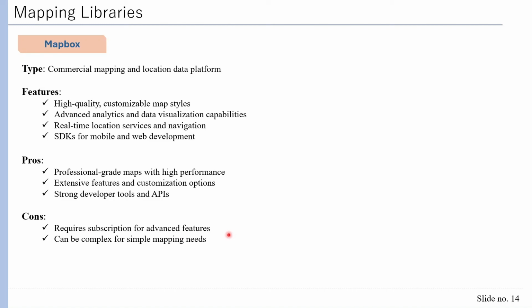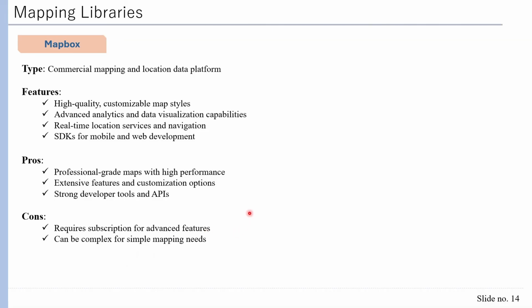There is a free tier for Mapbox, but you have to register with your credit card, and up to a certain limit you can use it for free. If you go beyond that limit, you need to pay for every use. It can also be fairly complex for simple mapping needs.